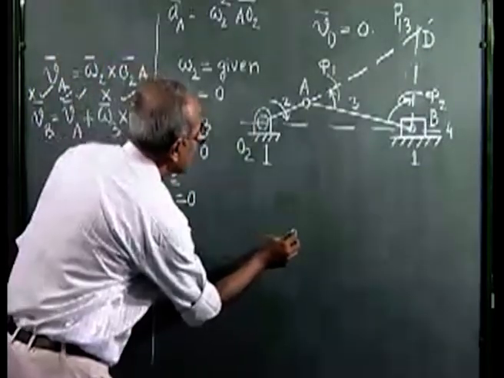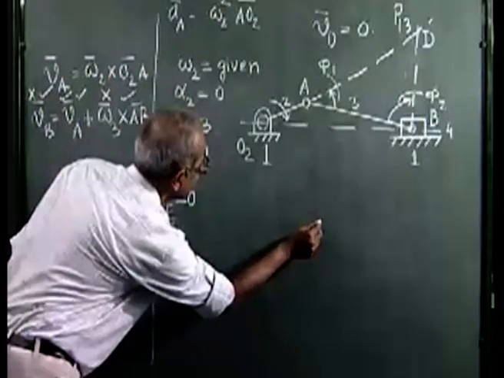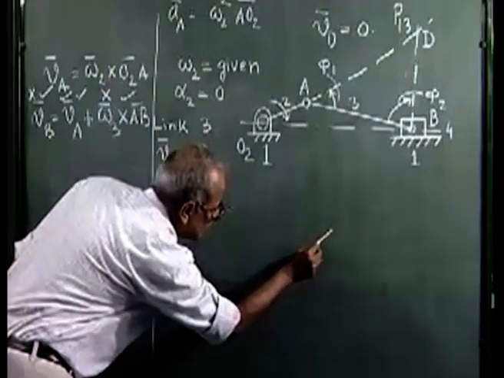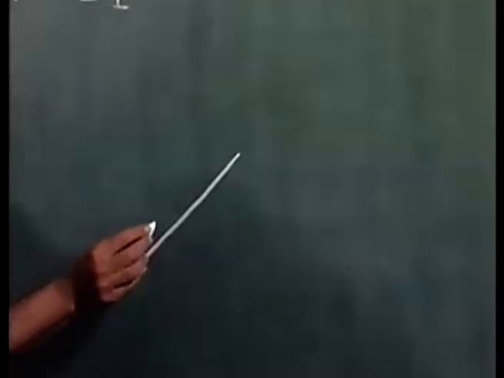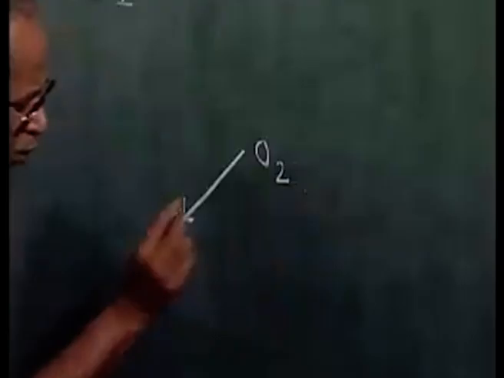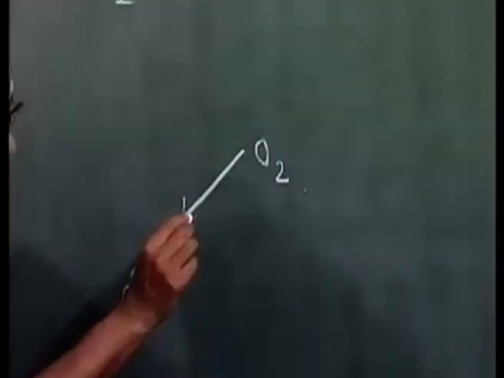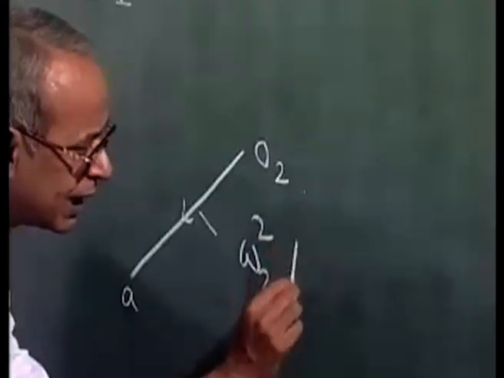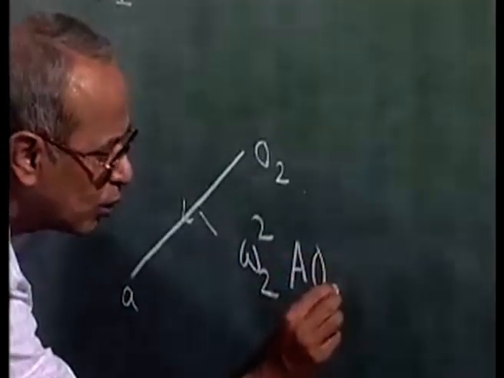So I can draw the acceleration of the point A parallel to AO2 to some scale and mark the pole as O2 and this point as A. This is omega 2 squared AO2.